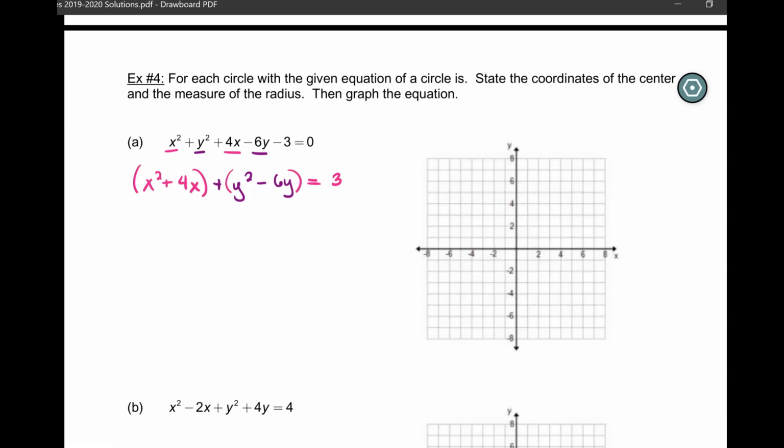So we have x squared plus 4x. I'm going to take half of 4, which is 2, square it, so I'm going to add 4. Now, notice how I had a plus 3 here? I can't just add 4 to one side of the equation. So I've got to add 4 also to the right side of the equation.